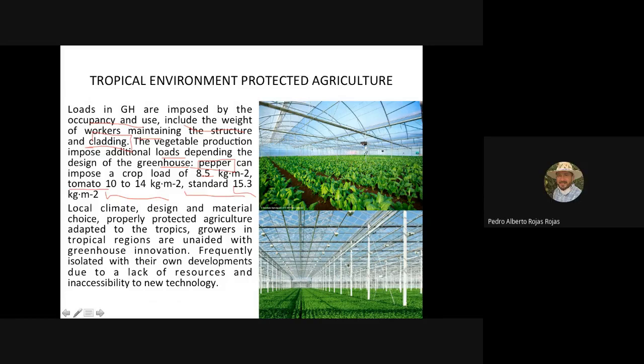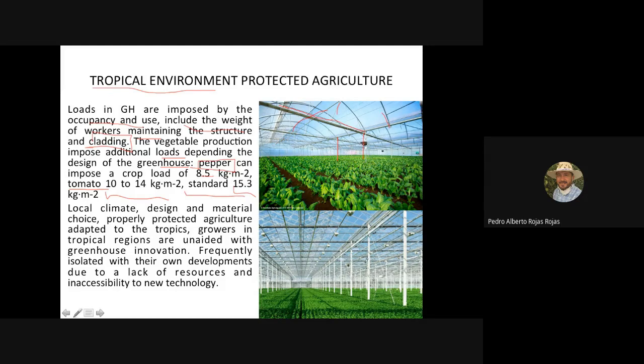Okay, you can see here the structure of the normal greenhouse of the tropical environment. This is a very small, very low structure, with small tubes, you know.